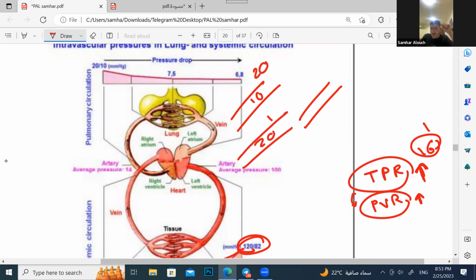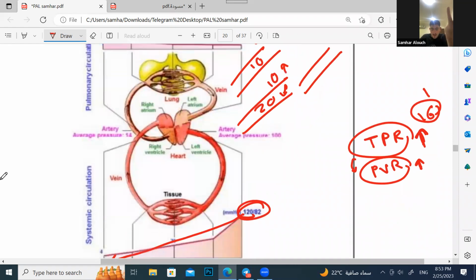It's 20 inside and 10 outside, it will cause it to dilate. So now this transmural pressure is playing a very major role in the pulmonary circulation, not in the systemic circulation. Pulmonary circulation has transmural pressure, which is the pressure difference between inside and outside the artery, the lung space and the pleural space. Of course, in the systemic circulation, we also have a pressure inside and outside.